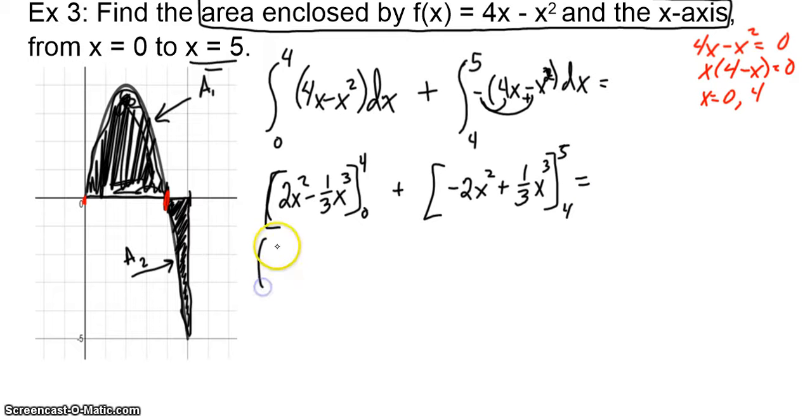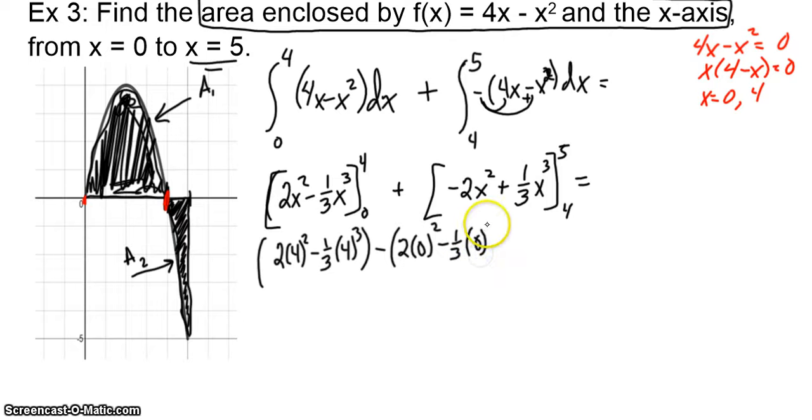So 2 times 4 squared minus 1/3 times 4 cubed minus the 0, plus. So that's the first.